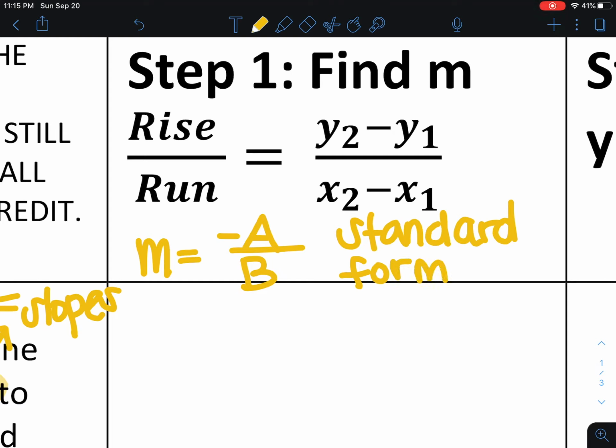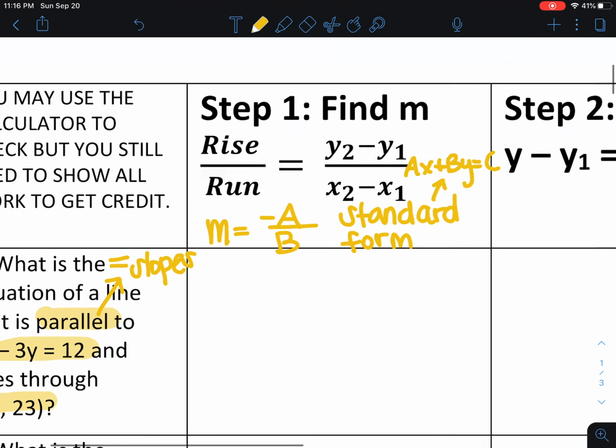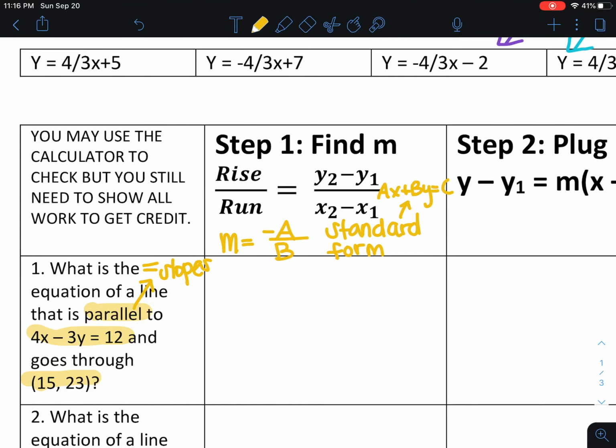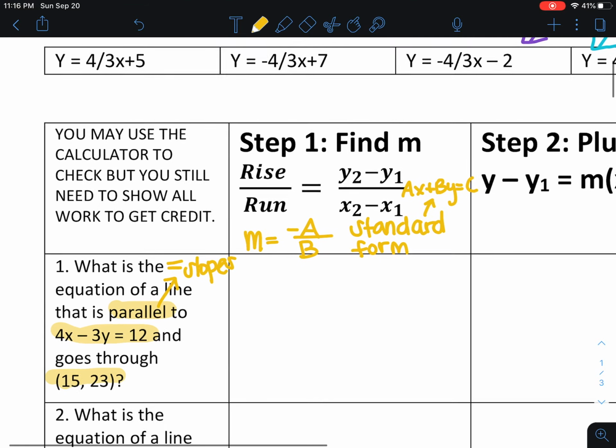So for linear equations, which is just the equation of a line, remember those lines I was just talking about? One of the ways you can write an equation of a line is using what we call standard form, and it looks like this: ax plus by equals c. Yep, that's it.